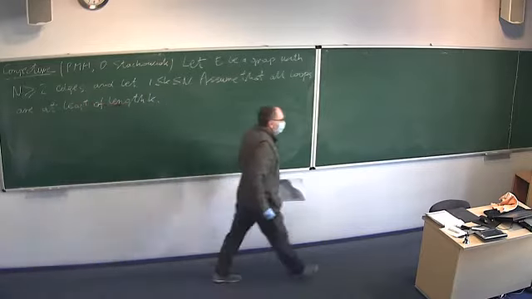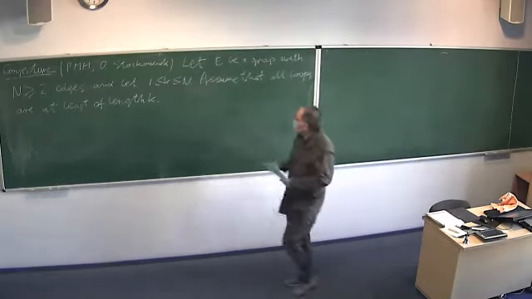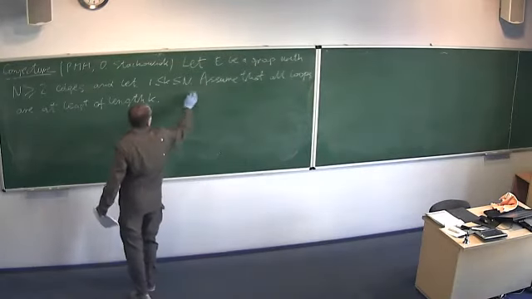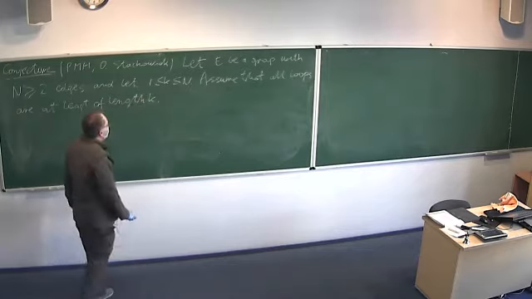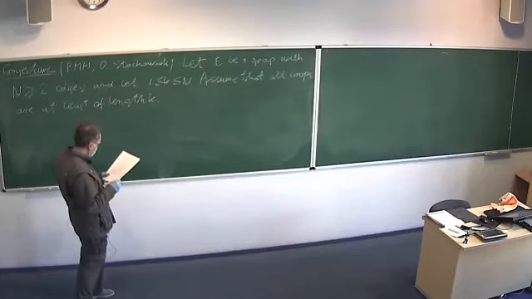Okay, so this is where we change our assumption. Instead of assuming that there are no loops in this graph, we assume that all loops are at least of length k.